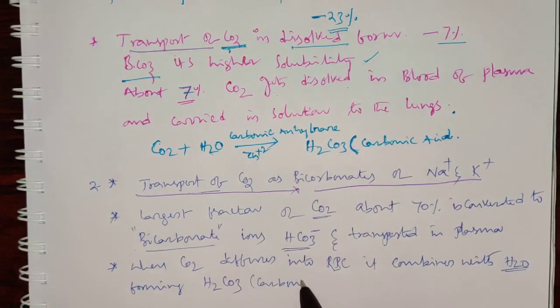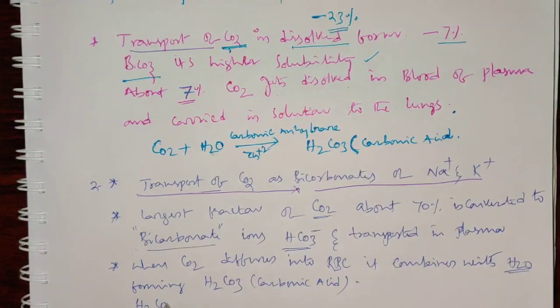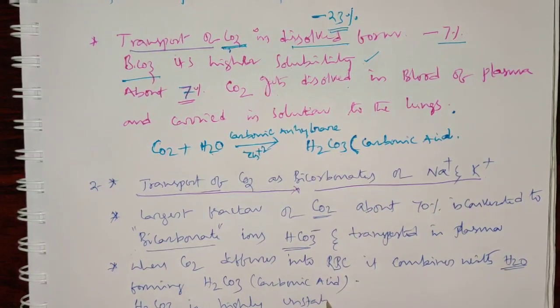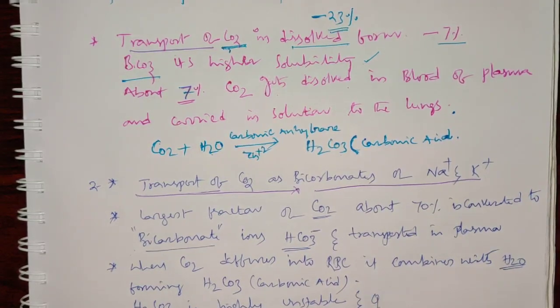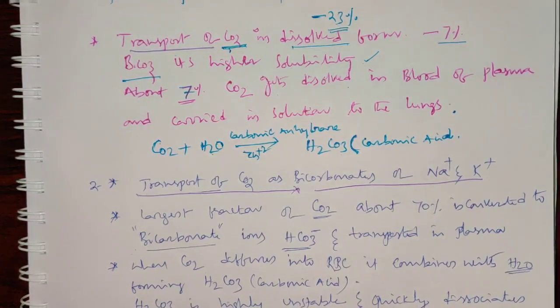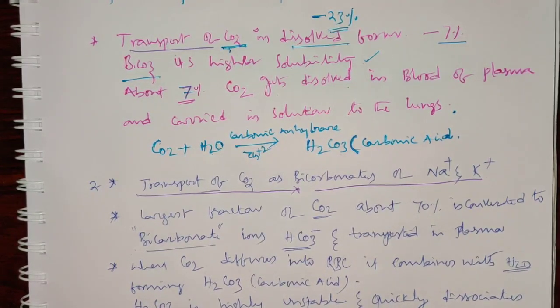Carbonic acid is unstable, highly unstable, and quickly dissociates into bicarbonate ions and hydrogen ions.